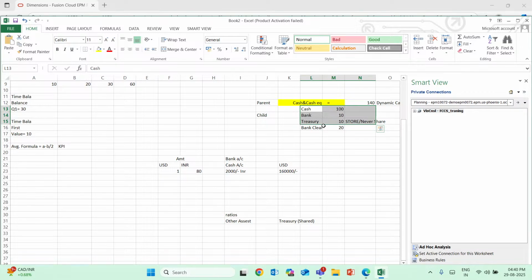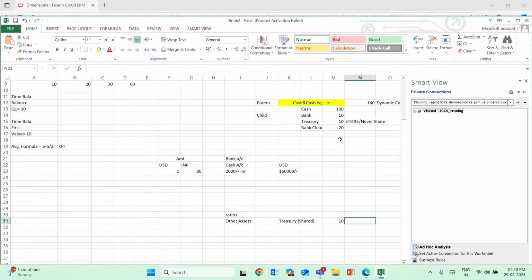If I have taken treasury 10 over here, and treasury again 10 over here, this is how data is entered the same. The data is not going to become 11, or we will not enter the data twice, because this is the same account.